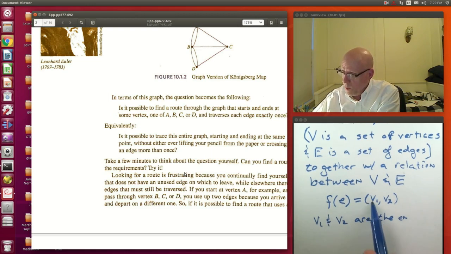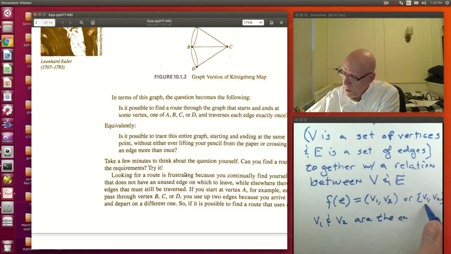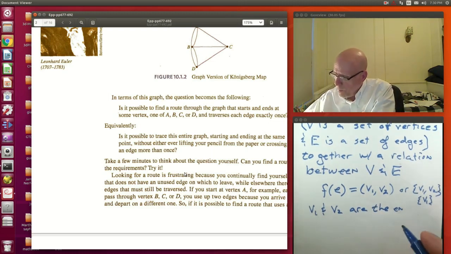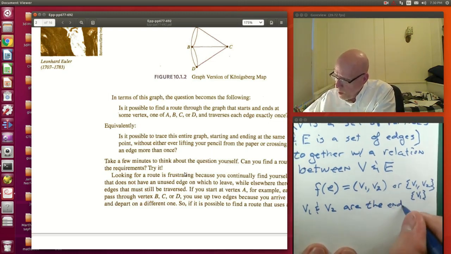So this thing where I've written V1, V2 as an ordered pair, it can also be written as a set. And in fact, it can be written sometimes as a single thing. That's when an edge goes from a vertex, follows some path, and comes right back to itself. V1 and V2 are the endpoints of E.